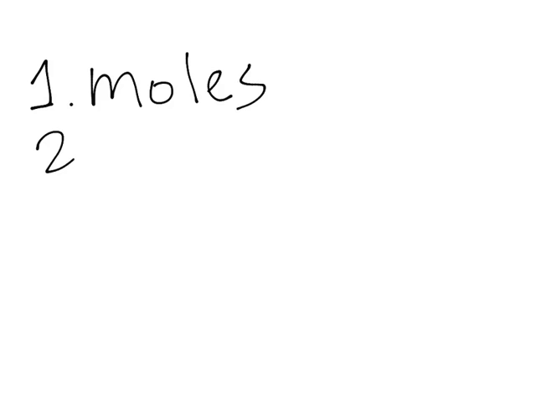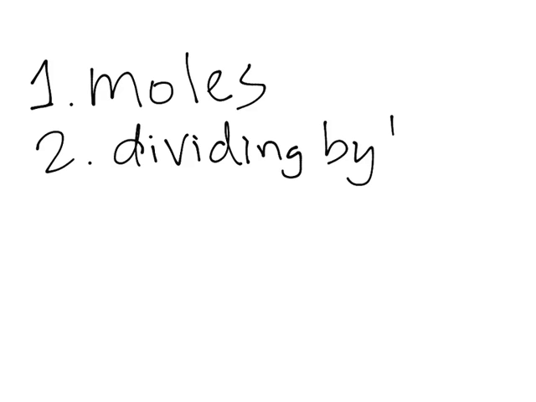Like I said in the previous video, to find the empirical formula of a compound, you have to start by finding the moles, dividing by the lowest, and simply writing your formula by that number.